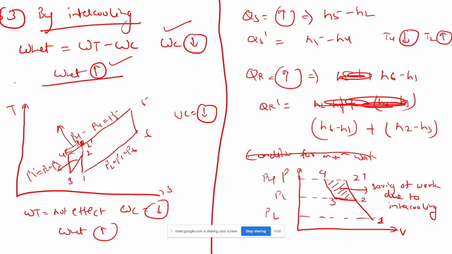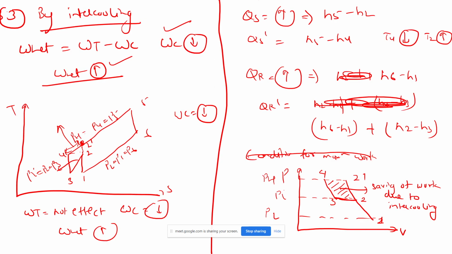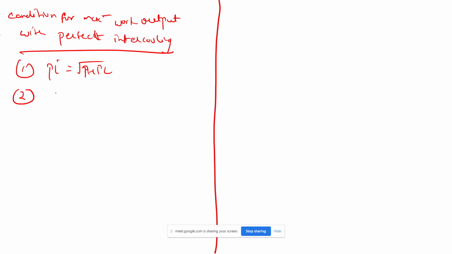The second condition is for perfect intercooling: T1 should be equal to T3, T2 should be equal to T4, and compressor work 1 should be equal to compressor work 2.